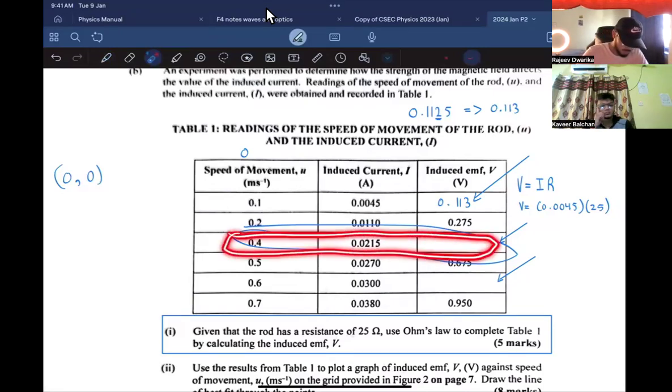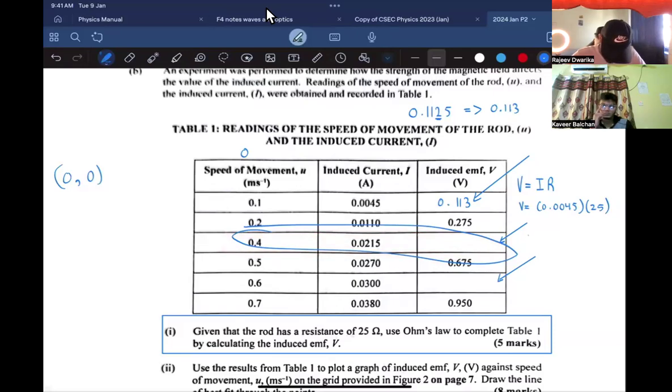Come on, 0.0215. Right? And what was the resistance that they gave? 25. 25, right? So plug this into your calculator and you're supposed to get your answer.